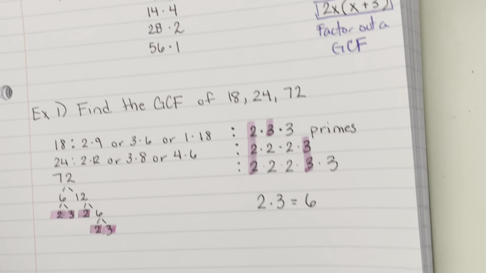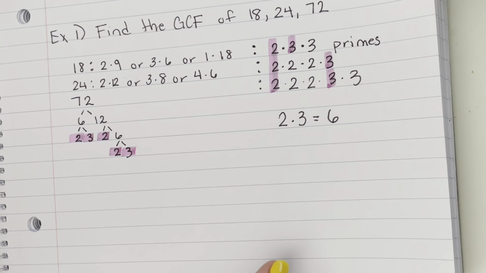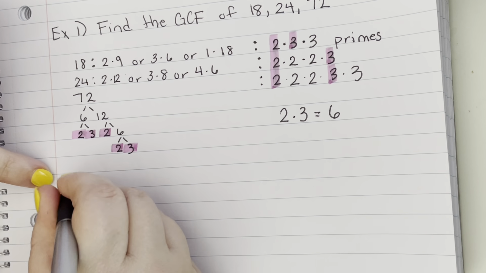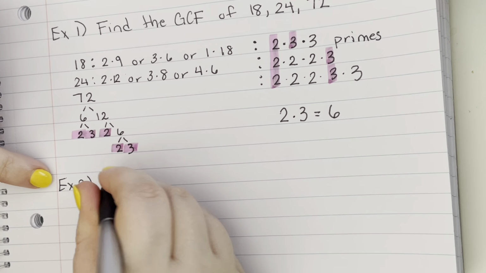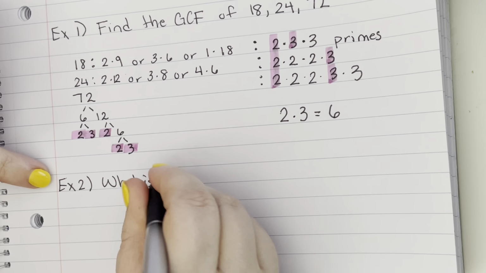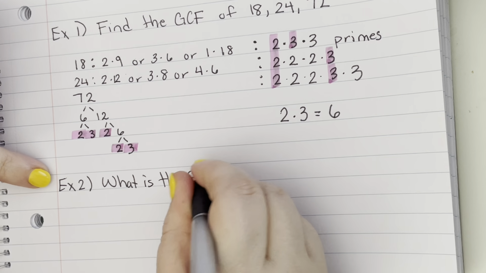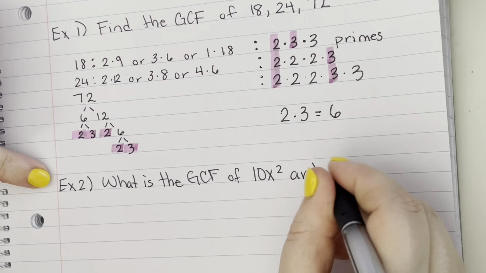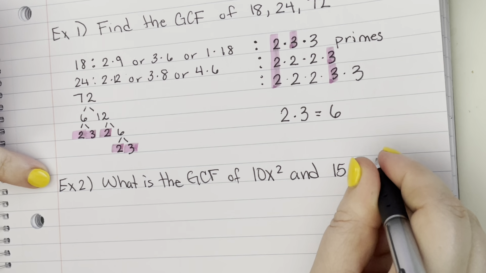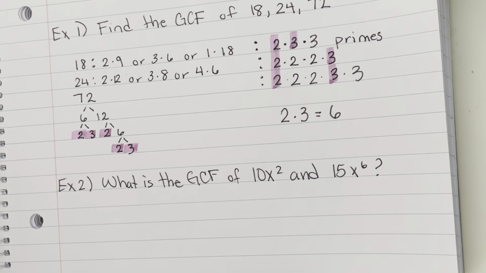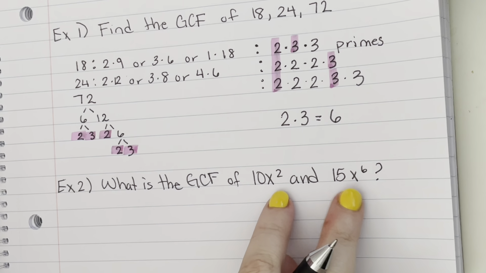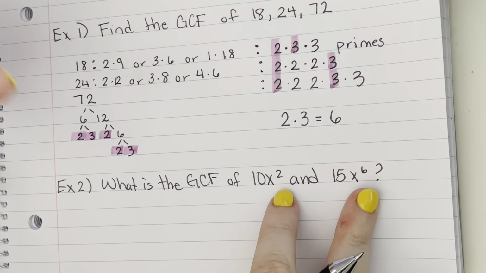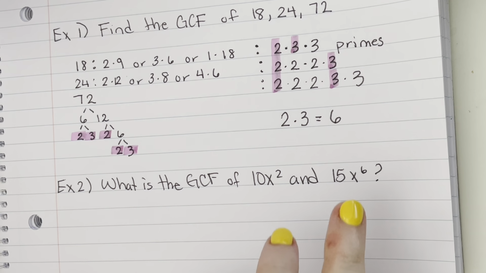What does this look like when we're dealing with polynomials instead of numbers? So for example 2, we're going to find the GCF of 10x squared and 15x to the 6th. We're going to factor each coefficient into primes, and we're going to write the variables with the exponents expanded to find the common factors.